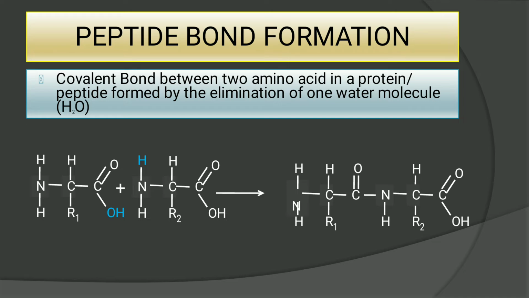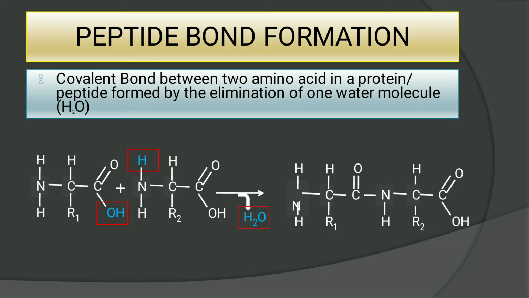During this formation, there will be a concomitant release of a water molecule. This water molecule is nothing but the hydroxyl group of the carboxylic acid group in the first amino acid and the hydrogen atom attached to the nitrogen of the amino group of the second amino acid.